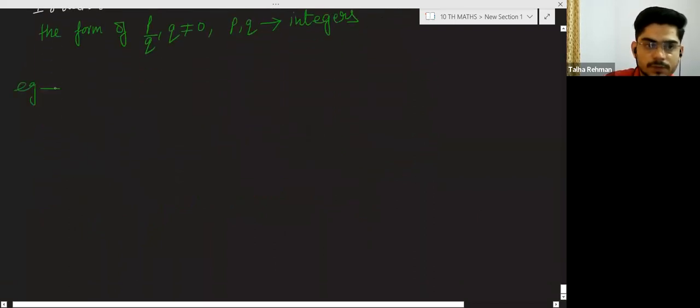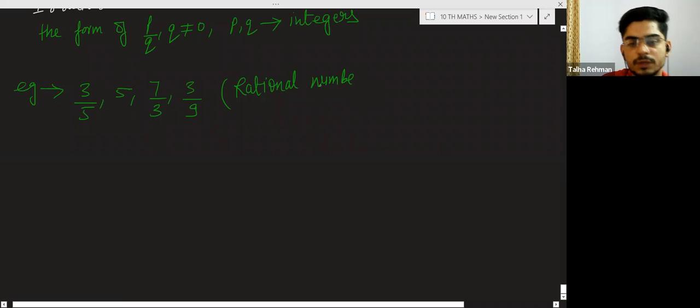For example, 3 upon 5, 7 upon 3, 3 upon 9. These all are rational numbers because they can be represented in the form of p and q.